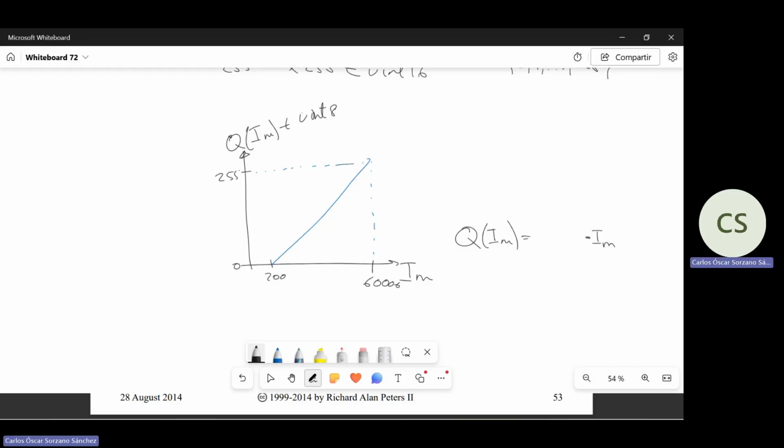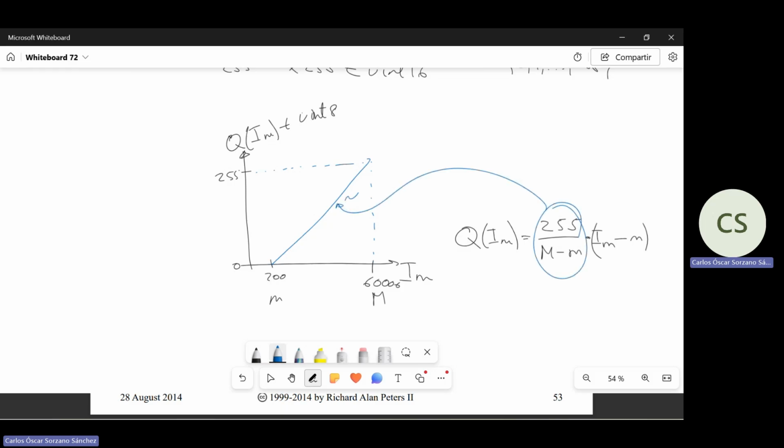Okay, then I have to map it. What if I do this? I will give you the answer, and what I'm claiming is that this is the slope of this.